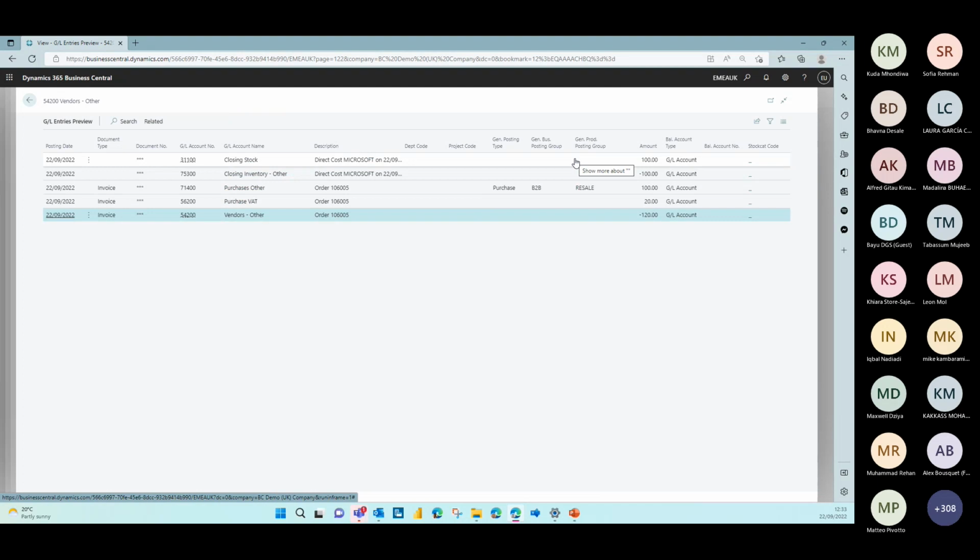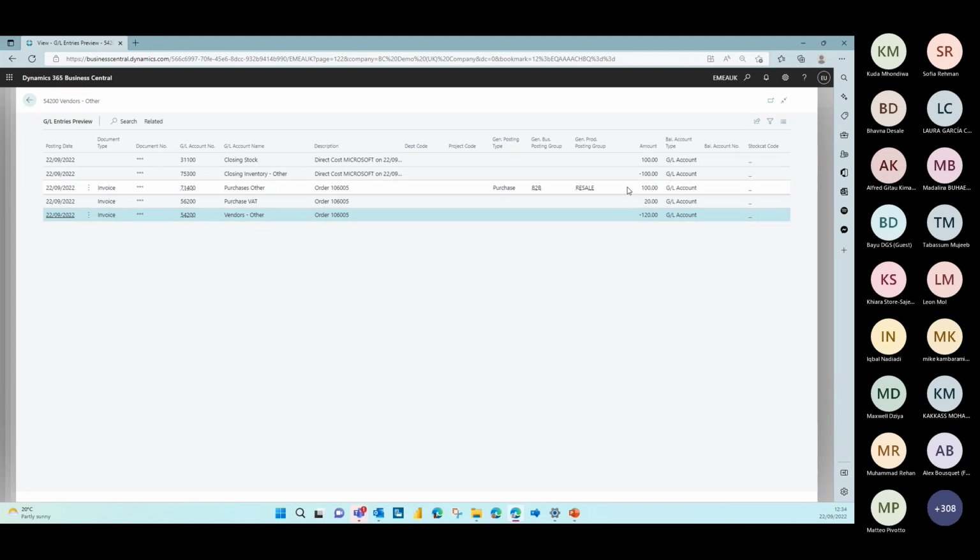GL ledger. So as you can see, like I said, it will post the net to the purchases account, and then the VAT to the VAT account, and then the gross to your payables account. This is standard.